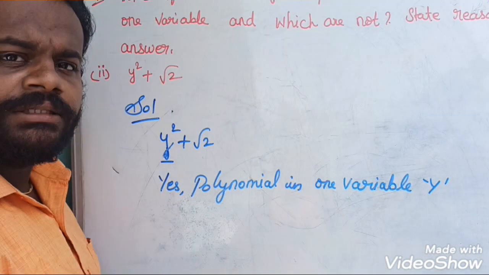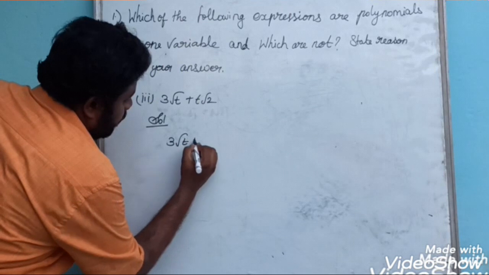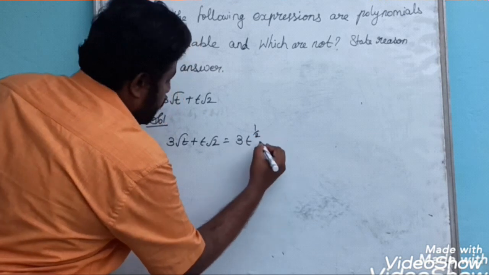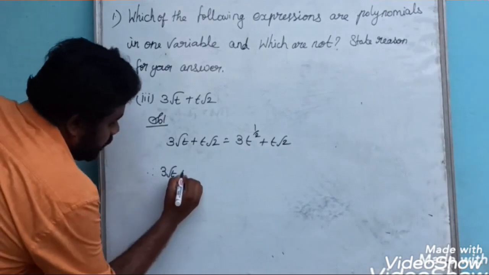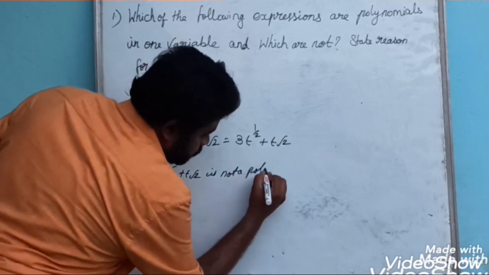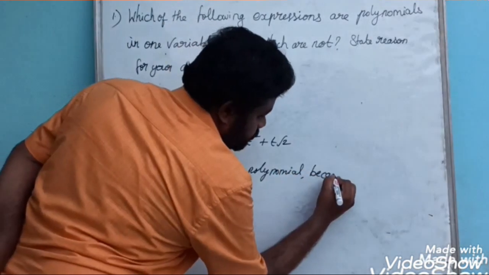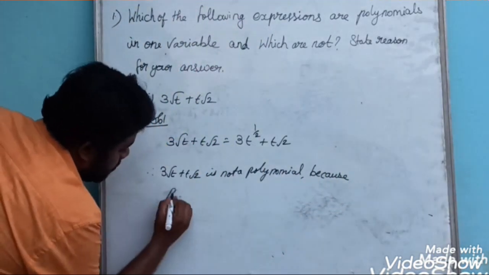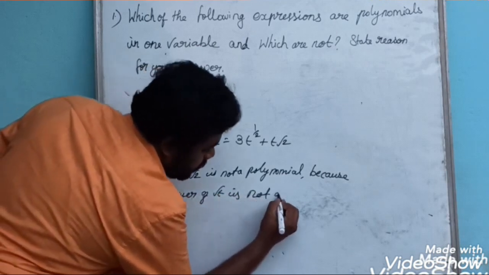Next we move on to question number 3: 3 root t plus t root 2. This can be written as 3 t power 1 by 2 plus t root 2. Therefore, 3 root t plus t root 2 is not a polynomial, because the power of root t is not a whole number.